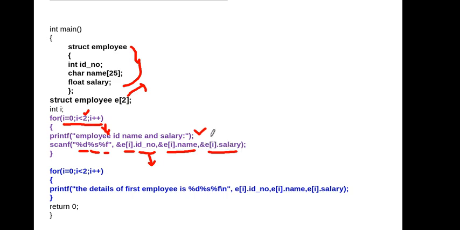After reading all the information of the first employee, it will go back to the for loop.